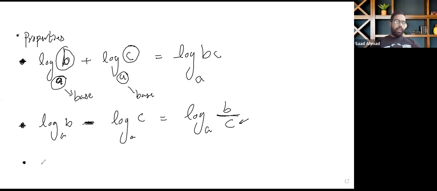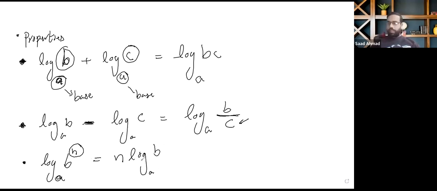Then we have another good property of log, which says that, let's say we have this log and it has some power, let's say it has the power n. This power n can be written at the start, in front of everything else.